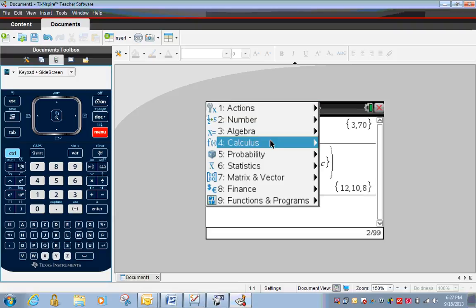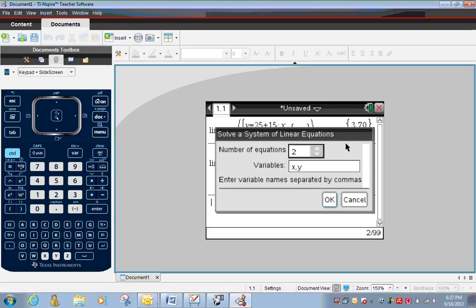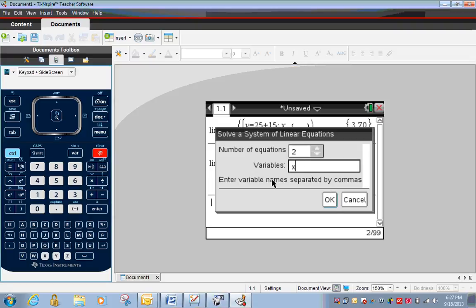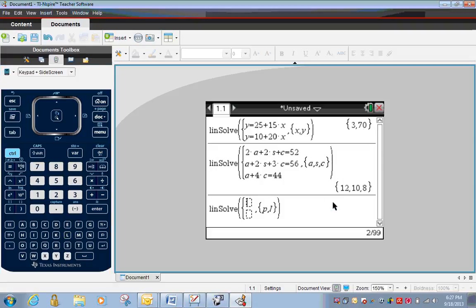All right, so now we go to our calculator again. We go menu, algebra, solve systems of equations. There are two equations here, and our variables are P and L. Those represent how much of each, pine needles and lavender, we're going to need.